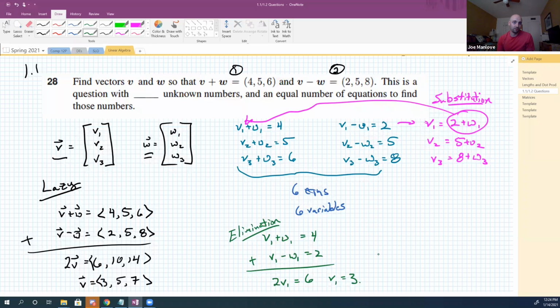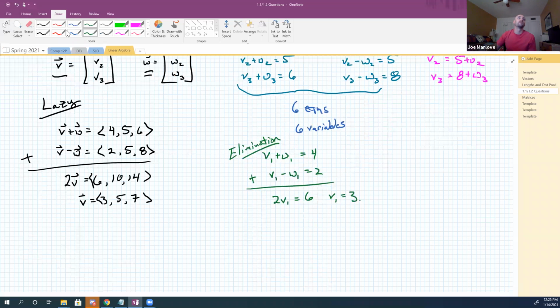Questions on how to find w? How would you find w? You could do 4, 5, 6 minus 3, 5, 7. Yep, just back substitute the 3, 5, 7 you found. I'm just going to call this lazy elimination, because it kind of is.